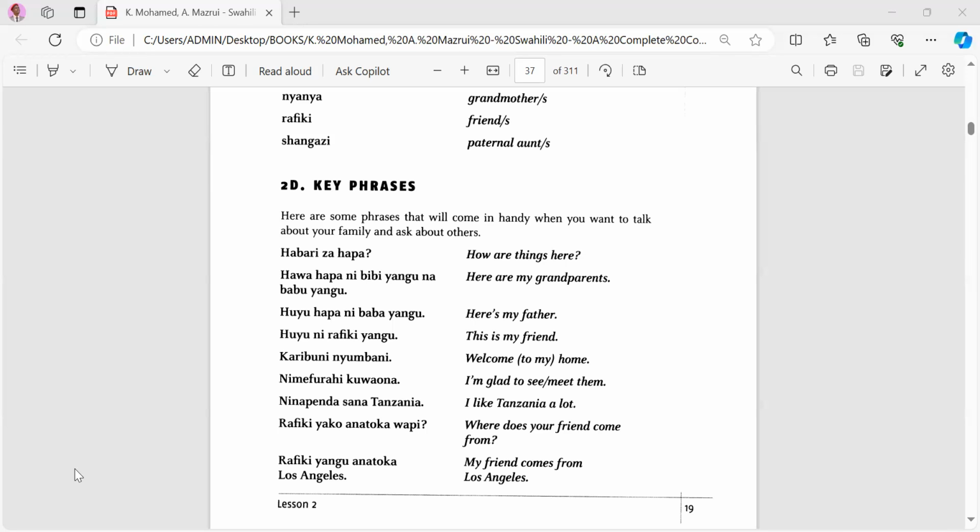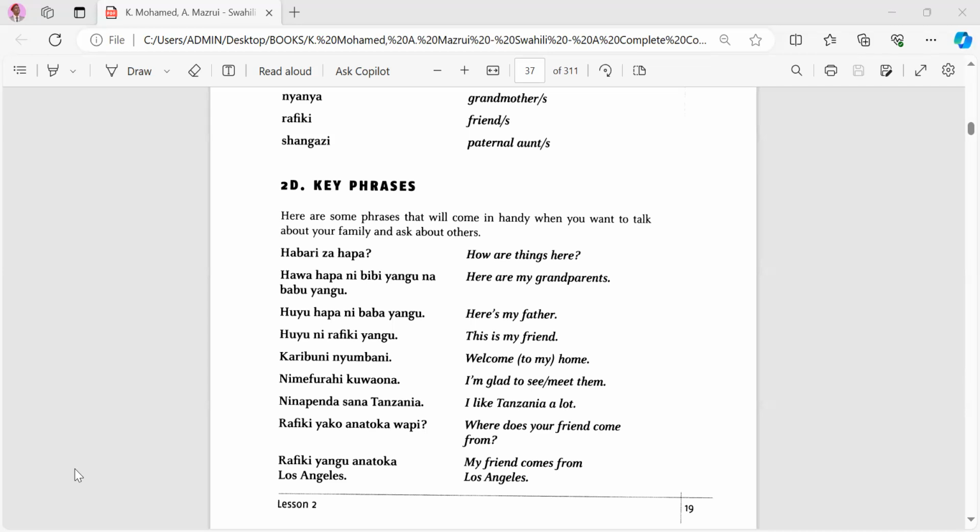Nimefurahi kuwaona. I'm glad to meet them. The word ona means see. But when you say kuwaona, it means there are many people. If it was one person, you would say nimefurahi kuona, not kuwaona. When the wa is being used, most of the time it's on the plural side.